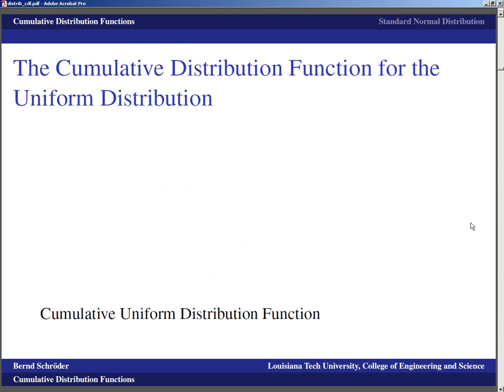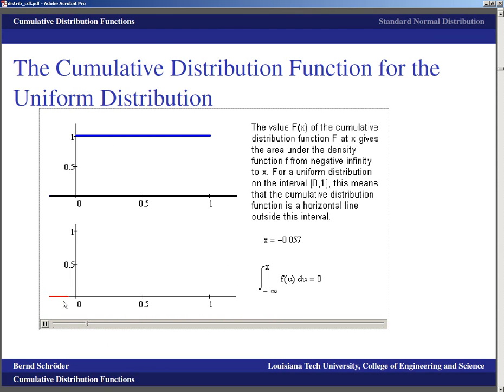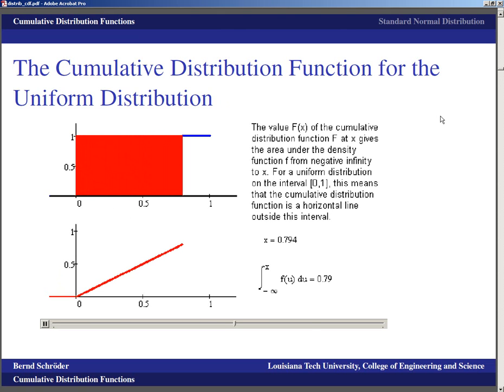And we can also look at that in more concrete scenarios, such as the cumulative distribution function for the uniform distribution that we know. Of course, that's a bit of overkill, because to compute uniform probabilities, you just compute areas of rectangles. But it should not be a surprise that with a constant rate of picking up area, the cumulative distribution function for the uniform distribution is in fact just a straight line.